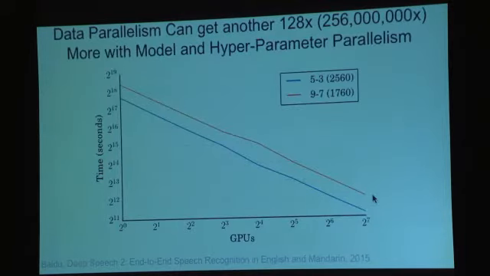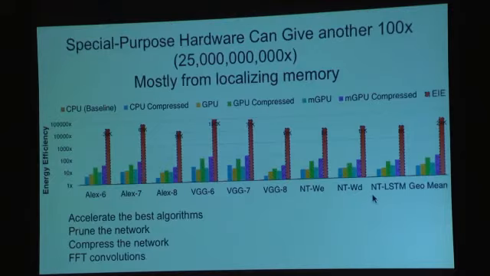You can then get another factor of 100 by exploiting parallelism on the GPUs, as Baidu demonstrated with their Deep Speech 2, scaling from 1 to 128 GPUs with linear speedup. If you really want to go faster than that, you can get about another factor of 100 going to special purpose hardware. But it doesn't come from hardwiring the arithmetic computation.